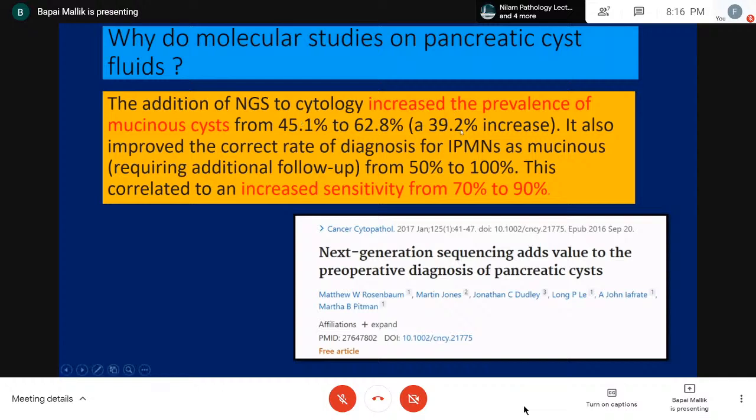This is about a 39.2% increase. So NGS really helped. It also improved the correct rate of diagnosis for IPMNs as mucinous from 50% to 100%. Overall, it increased the sensitivity to 70 to 90%. So if we have the facilities, it's really something that one should consider doing, and it helps in patient management protocols.